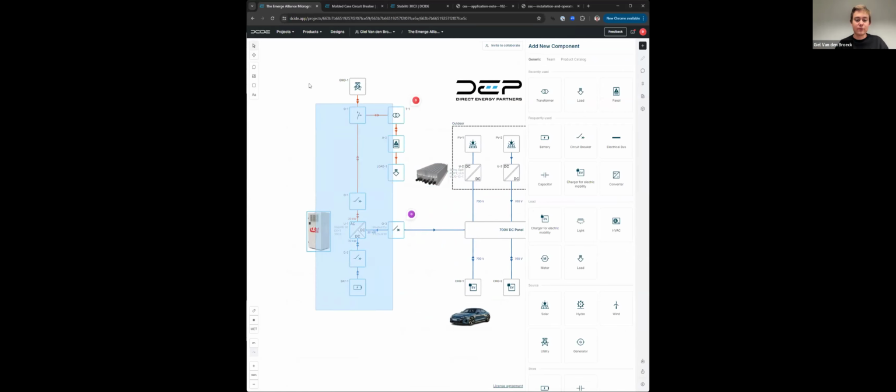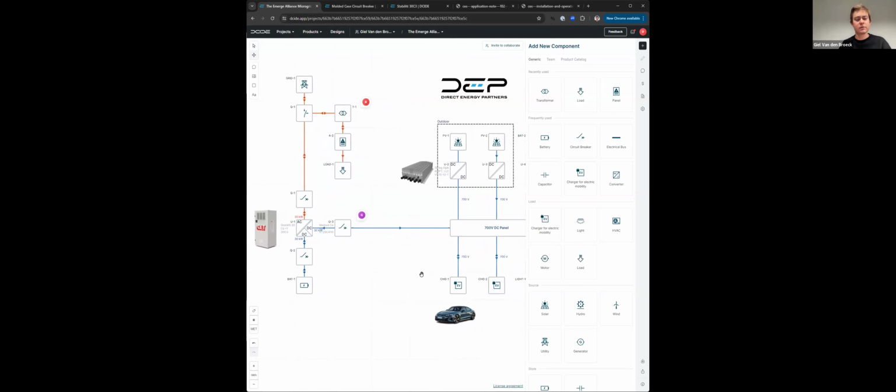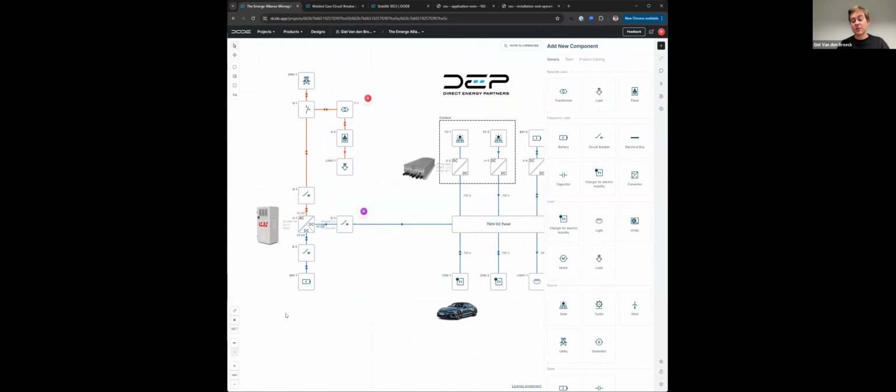So you save on copper wiring or aluminum wiring in between. And that can be significant. In industrial DC projects, for instance, there are reports saying that you can save about 40% of the overall copper of your installation. So smaller cabling, more cost savings, and also less losses along the way.